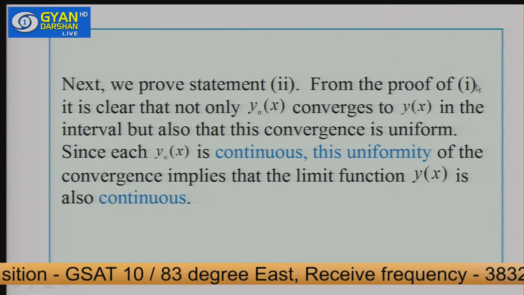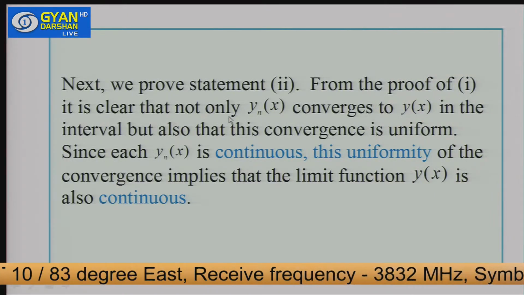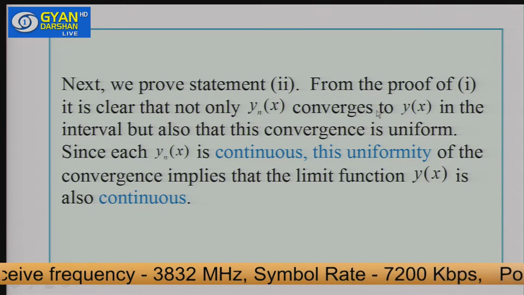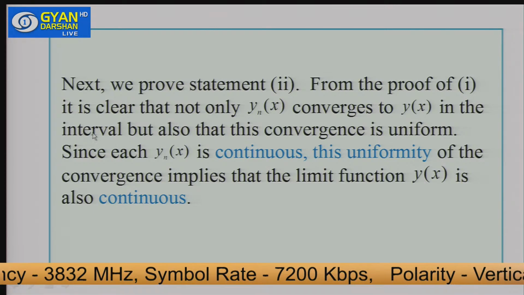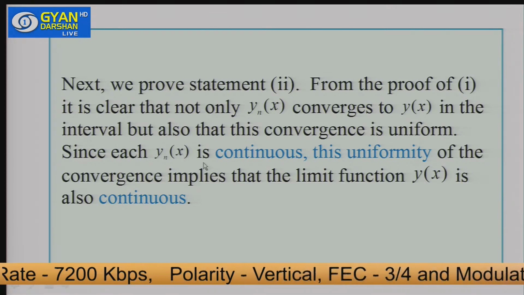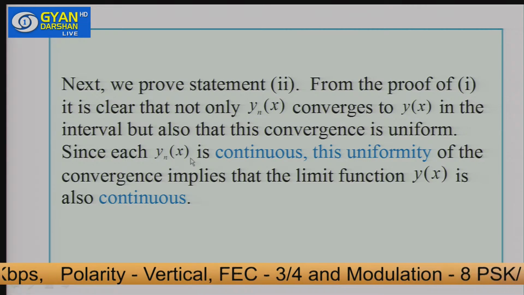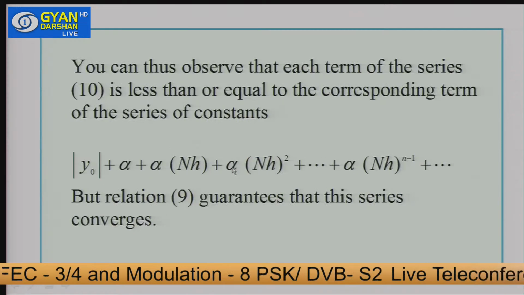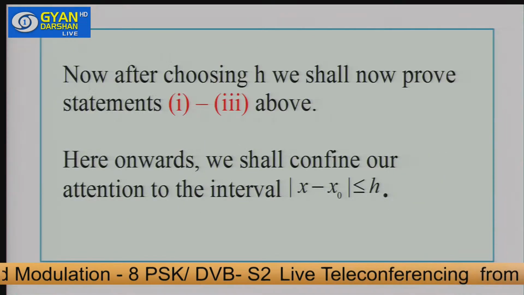So next, to prove statement 2: from the proof of 1, it is clear that not only does yn converge to y in the interval, but this convergence is also uniform. Each yn is continuous, you can see from the definition of yn. Just let me show you. What is our definition of yn?